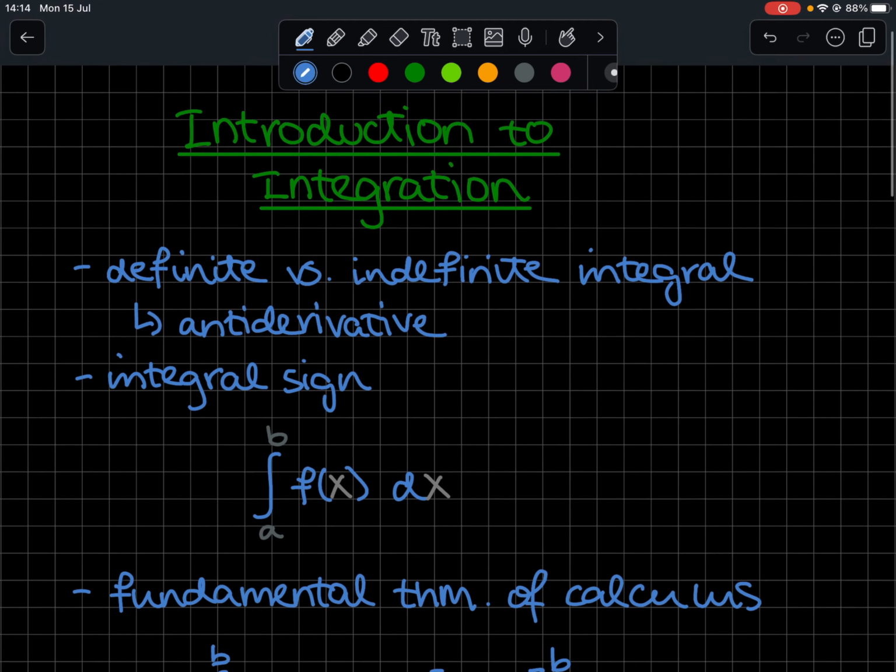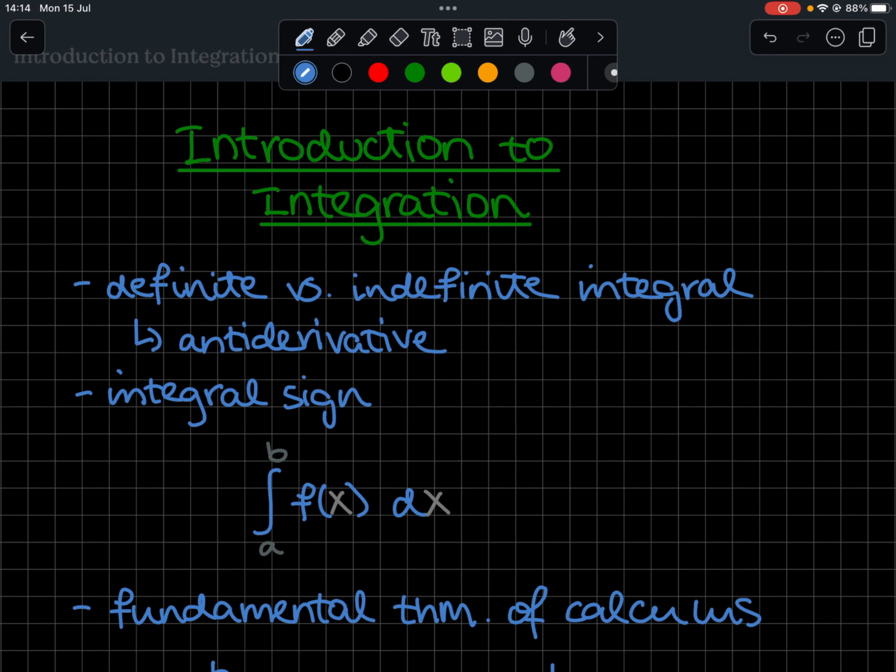And I'm sure you've heard a lot of things about this. Some people say that integration is like the opposite of differentiation, which is true to some extent. Some people say that an integral says something about the area underneath a curve, which is also true, again, to some extent.